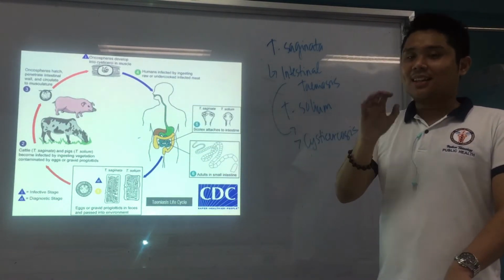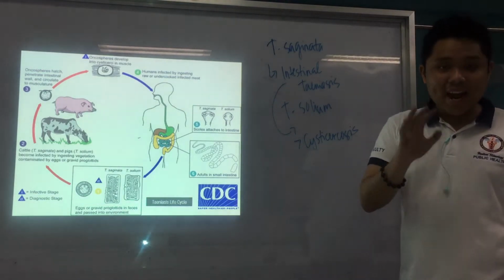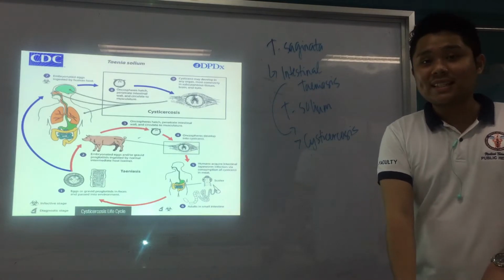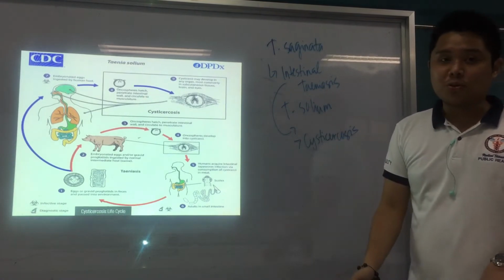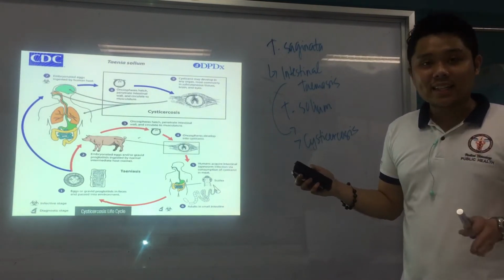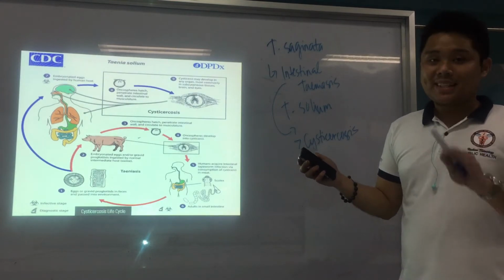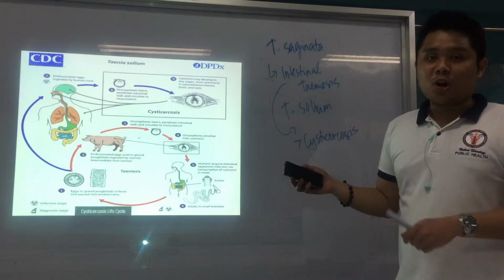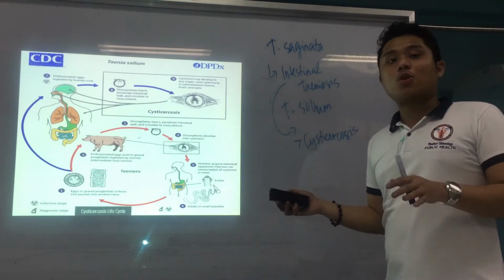That's for taeniasis. Now, the next disease is cysticercosis, which we can only see in Taenia solium. Taenia saginata does not cause cysticercosis, only your Taenia solium. Now, what happens in cysticercosis?